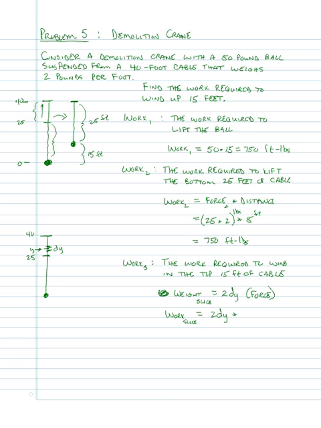So the work for one little slice in this top 15 feet of cable will be the force or the weight times the distance that it's going to move. Okay, well, let's stop and think about it this way. That y level is all of this distance. So the distance that part of the cable is going to move will be this distance up here, which is 40 minus y.